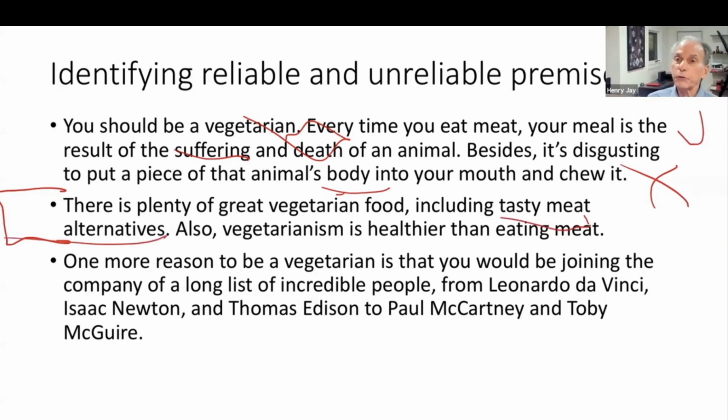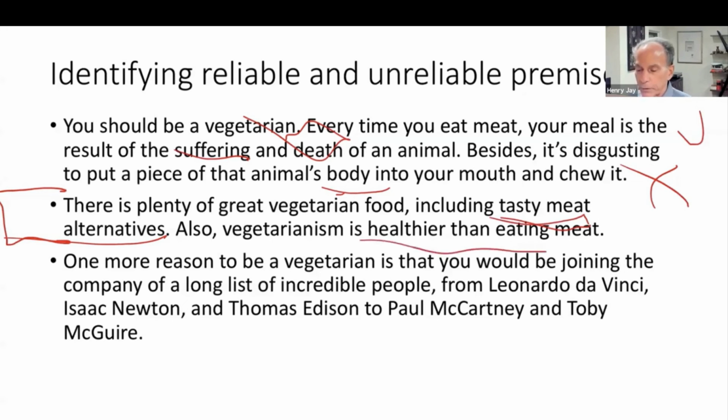Mushroom is considered a meat alternative because it has the same chemical as in meat that gives you that meat flavor. I happen to know that from my previous readings. So from my fund of knowledge, there are tasty meat alternatives.